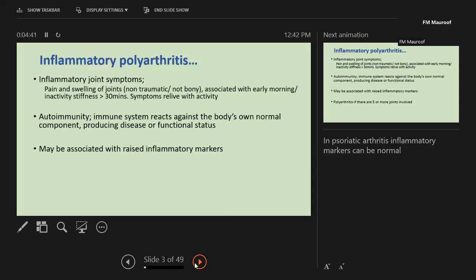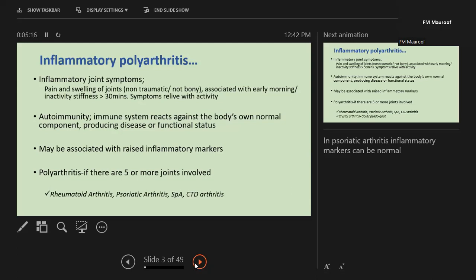Then the wording of autoimmunity. What is meant by autoimmunity is the immune system generally reacts against the body's own normal components, producing a disease or functional status. So if the basis for the inflammatory polyarthritis is autoimmunity, you call it autoimmune inflammatory polyarthritis. Obviously, polyarthritis is when there are more than 5 joints involved.